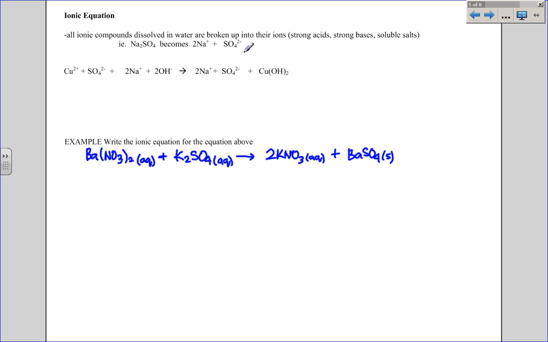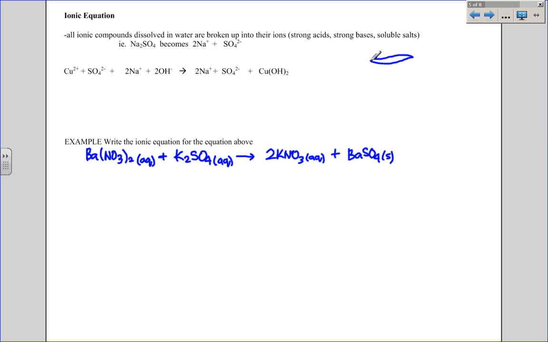So in the first example where you had the copper sulfate, which is aqueous, copper sulfate actually exists as copper ions and sulfate ions in solution. And the sodium hydroxide that was in the solution actually exists as sodium ions and hydroxide ions. The sodium sulfate, as previously discussed, exists as sodium ions and sulfate ions. The copper hydroxide, though, being a solid, is going to exist as one substance.